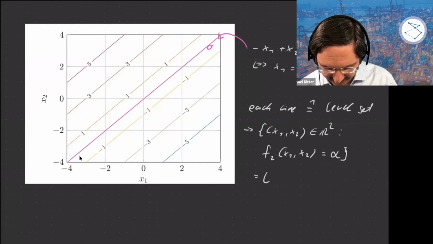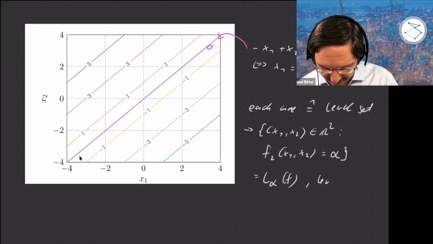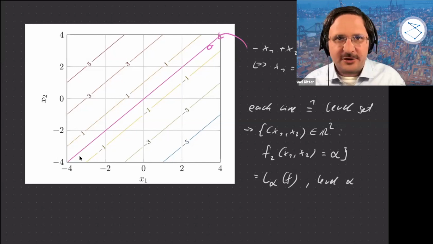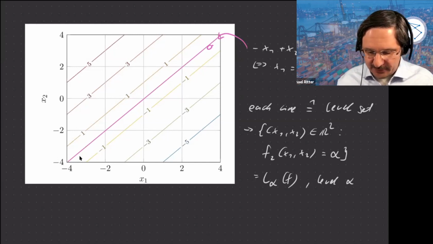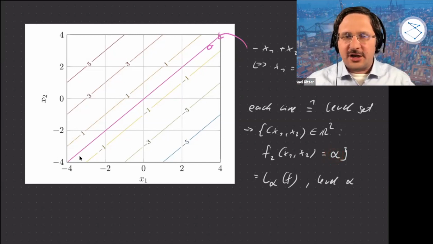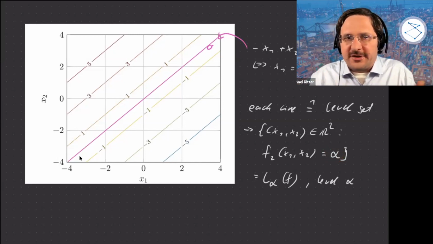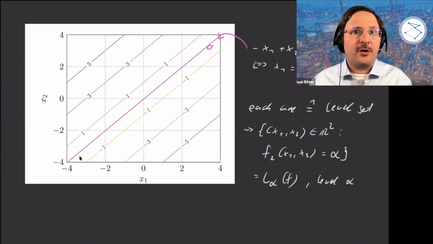So that is the level set of f for the level alpha. Basically that means we're looking at all combinations that yield the same constant function value. And we just choose different values of alpha here. And for each alpha, we get a line or several lines or curves. And those are the curves that we draw into the plane.